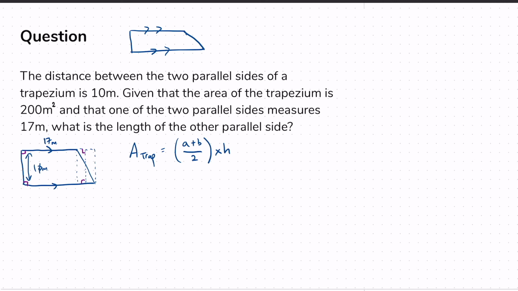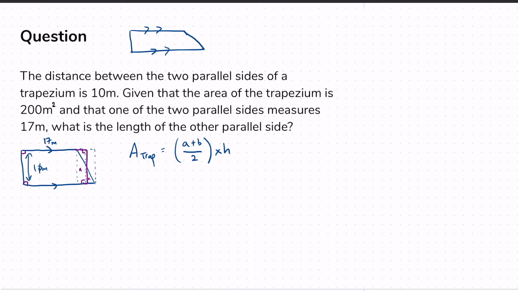And the equation works because the part that's in here is equal to the part that's in here. Or I can add them together to make this rectangle here. So really the equation for the area of a trapezium is just a clever equation for the area of a rectangle.